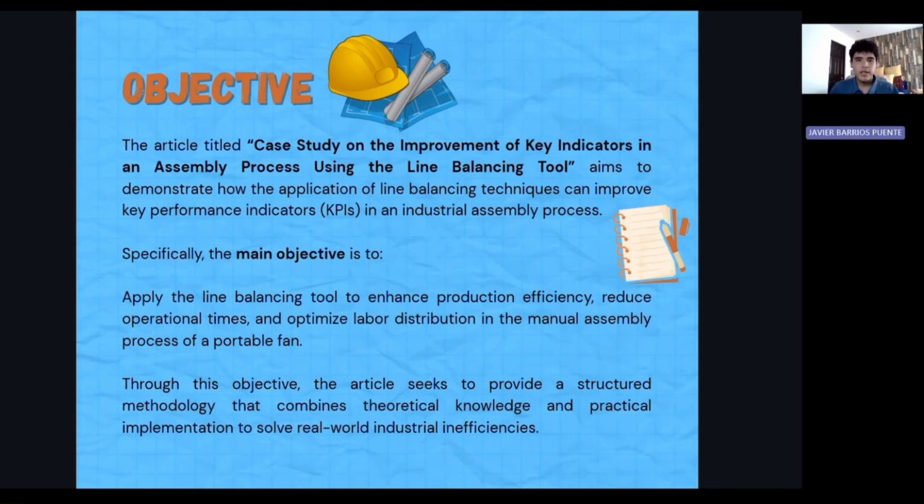The article titled Case Study on the Improvement of Key Indicators in an Assembly Process Using the Line Balancing Tool aims to demonstrate how the application of line balancing techniques can improve key performance indicators, also known as KPIs, in an industrial assembly process.